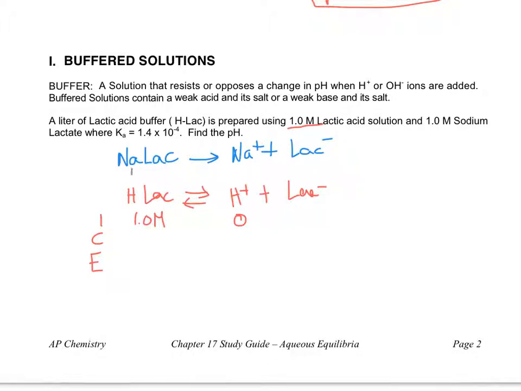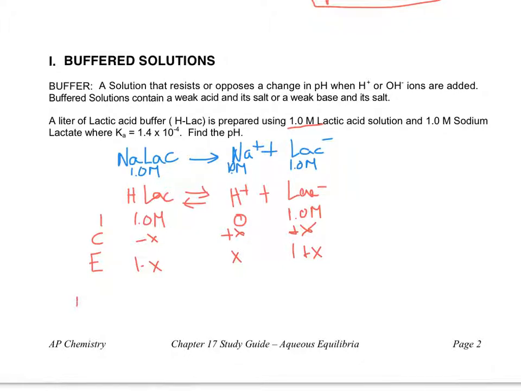Since it goes 100%, that means this is 1.0 molar, and this is also 1.0 molar. So my initial here is 1.0 molar. I do it the same as always: minus x, plus x, plus x. So 1 minus x, x, and 1 plus x.